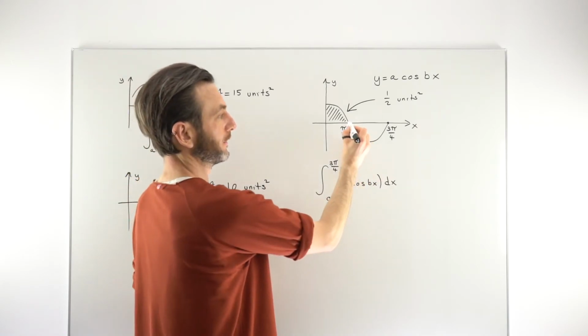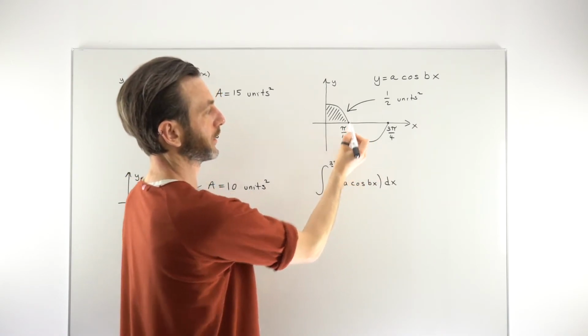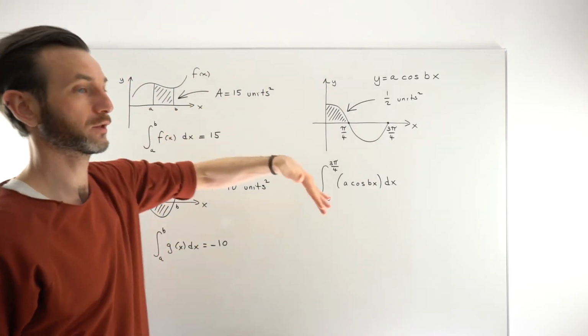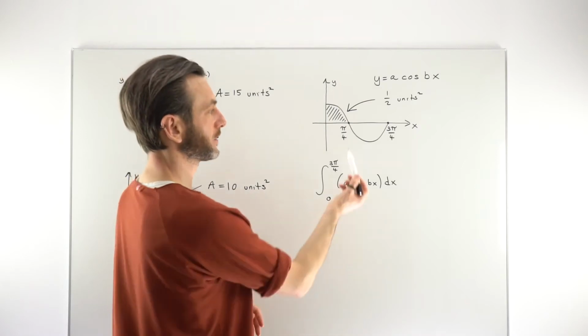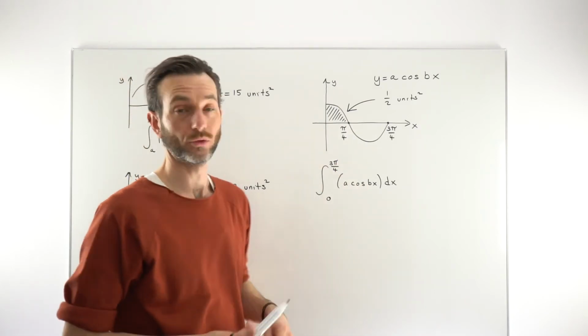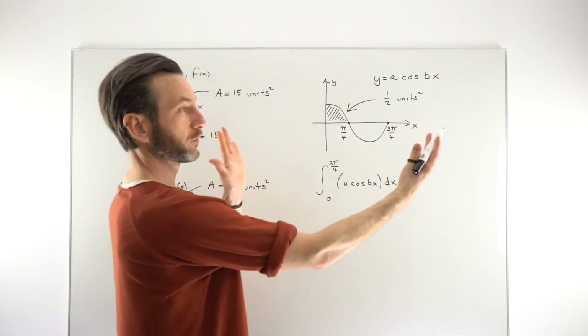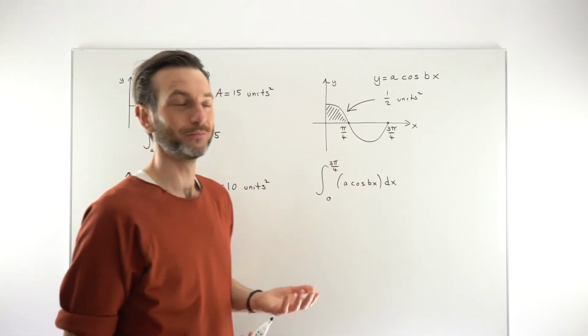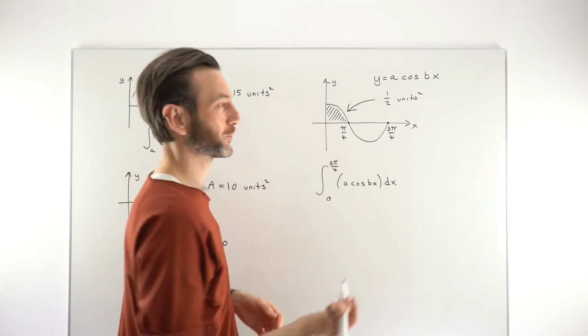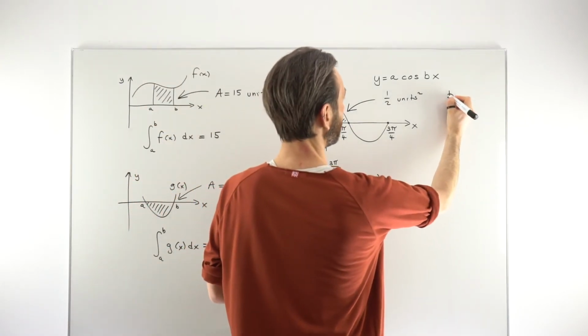Whichever way you think of it, this point here, where the graph cuts through the x-axis for the first time, is normally at 90 degrees, or pi by 2 radians. This one's at pi by 4 radians, or 45 degrees. That means the graph's been compressed by a factor of 2, so the b value is 2.